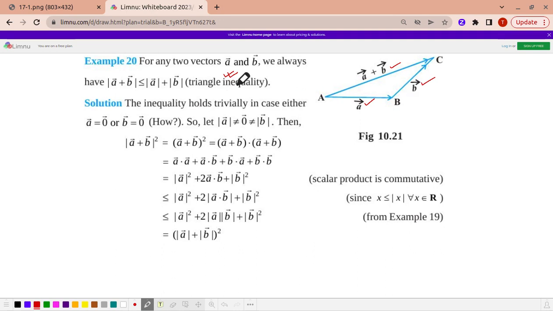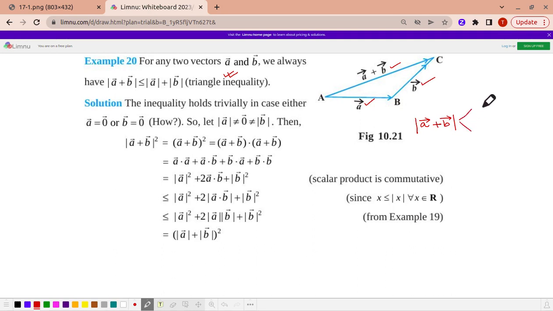But how to prove it? Now, as in the previous case, what we need to prove is that mod of A plus B has two possibilities.